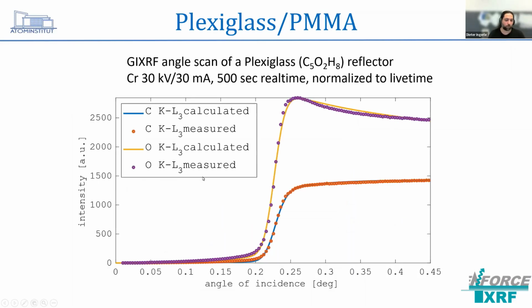And then we can plot and fit the angle curves. As expected, at least it was a confirmation that the basic measurement works, that carbon and oxygen curves behave as expected in this case, for this basically pure carbon and oxygen reflector.